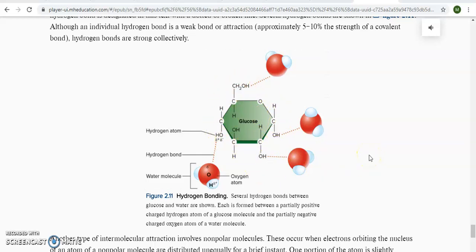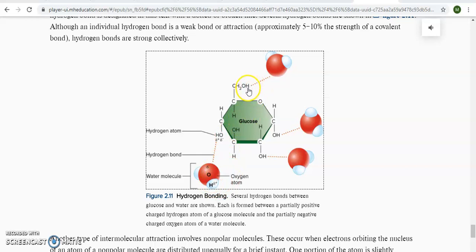So the hydrogen bond can only occur between two polar molecules. In one of those polar molecules, one of the atoms must be a hydrogen atom. And remember, hydrogen atoms are going to have that partial positive charge.